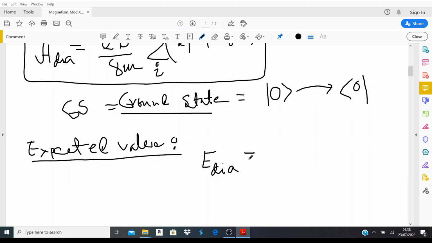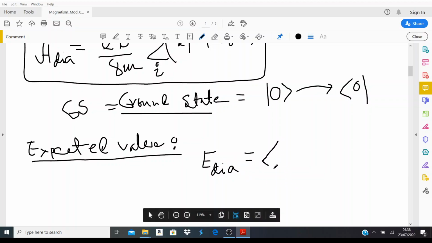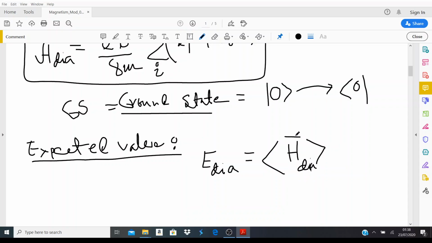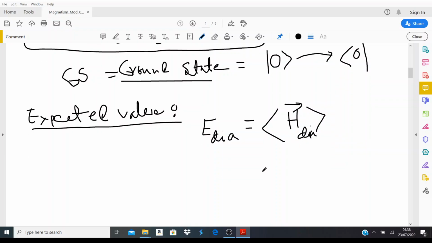This is nothing but the expectation value, and we know how to denote the expectation value, right? Putting an angular bracket on both sides. Now this quantity means you need to form an integral, right? You remember that.